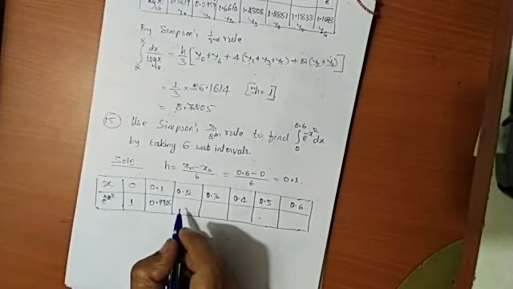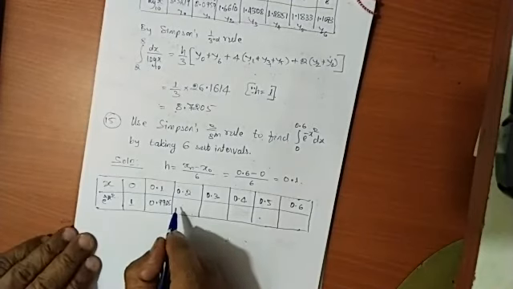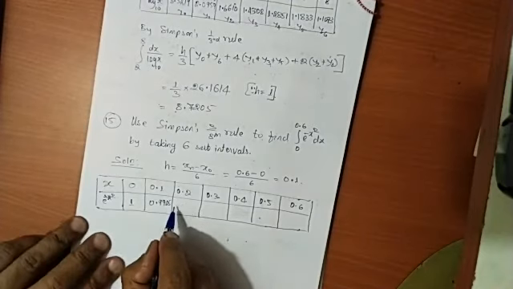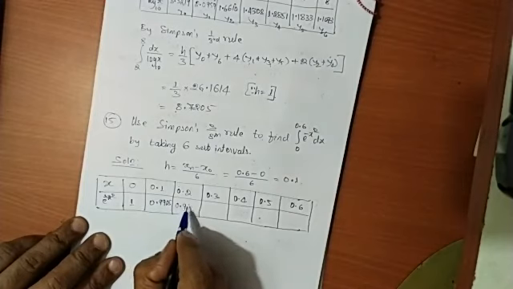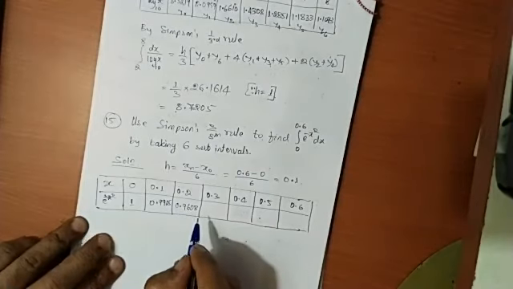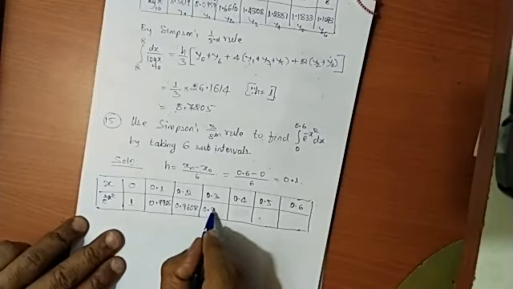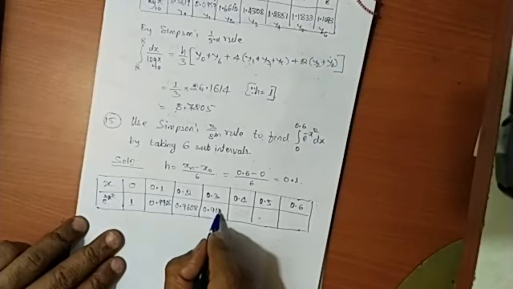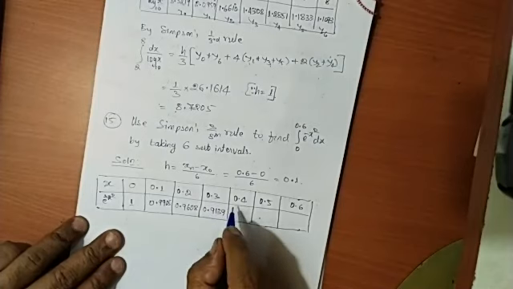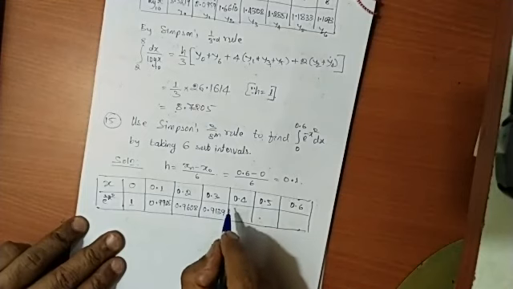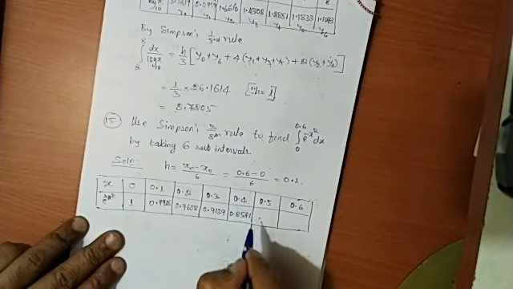You can evaluate. For x is equal to 0.2, the value is 0.9608. Then for x is equal to 0.3, the value is 0.9139. For x is equal to 0.4, the value is 0.8521.